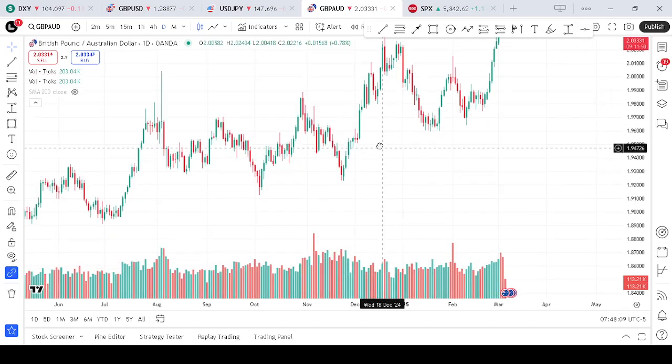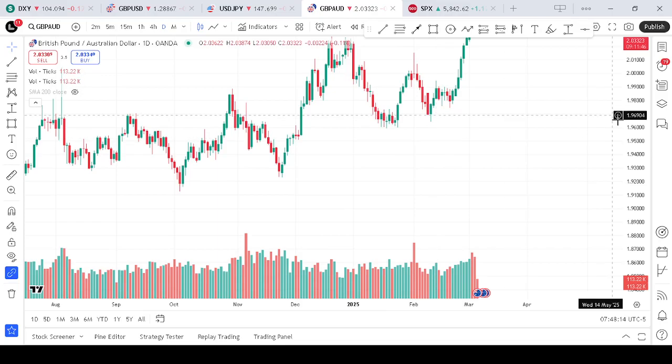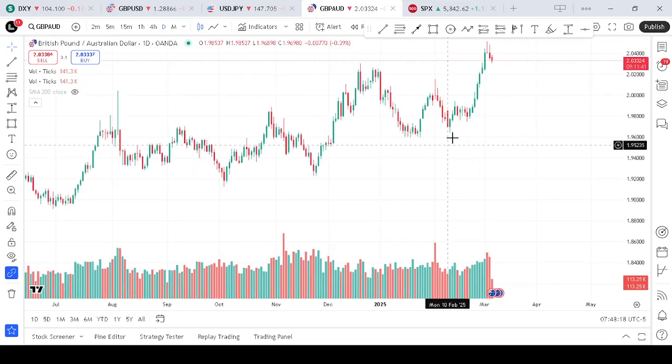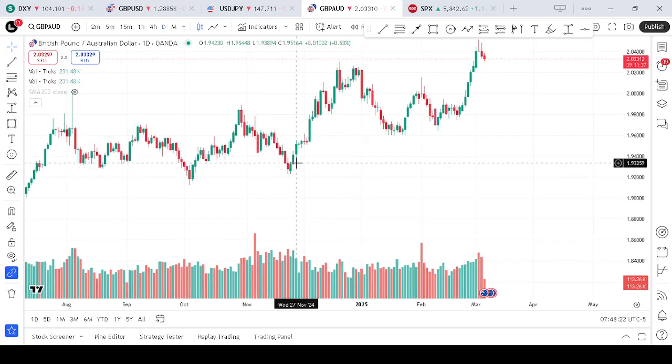See the movement of this chart, how clean it is in the daily time frame, but if you look at the lower time frame, it will show a lot of price movement that will be very difficult to pick out from. So let's see how we can implement this strategy.